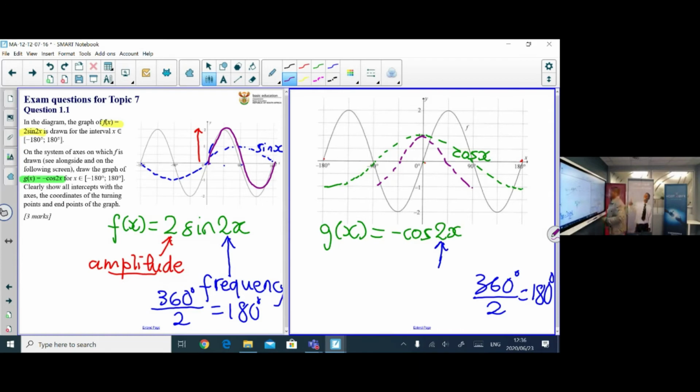Another thing now is to say this would be your cos 2x, but we are dealing with negative cos 2x. So the negative is a reflection, as we mentioned previously, that it's a reflection in the x-axis.